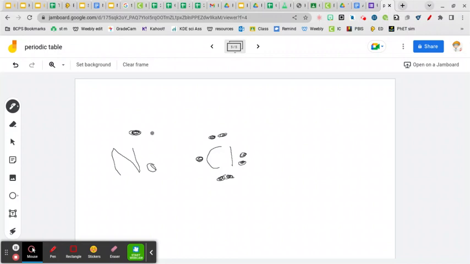Sodium would like to get rid of this one, and then it'll go down to its inner shell. It's full. So it is going to give this one away to chlorine. Chlorine will say, oh, thank you. Now I'm a -1 ion. And sodium will be like, oh, thanks. Now I'm a +1 ion. That's terrible, +1, but you know what it is. And now they're going to make an ionic bond that way. So that's a little flash forward to where we're going.